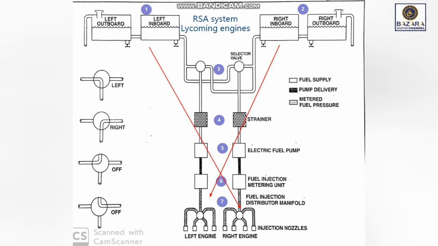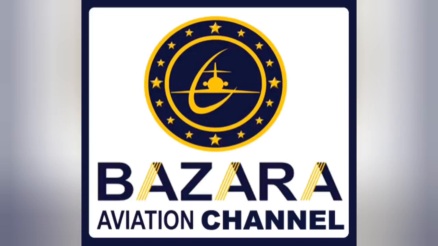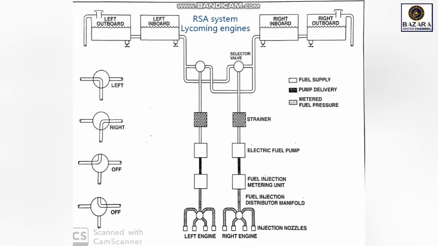The RSA system uses a combination of differential fuel pressure to regulate and meter the fuel flow. The fuel will be supplied from the tank to the selector valve by gravity, and after being selected from the selector valve it will be delivered to the strainer. In the strainer, the filtered fuel will be delivered to the electric fuel pump.